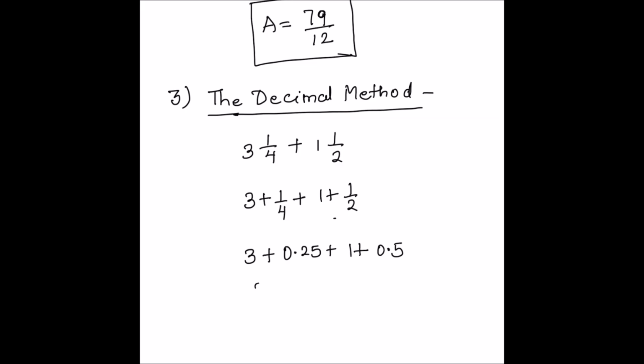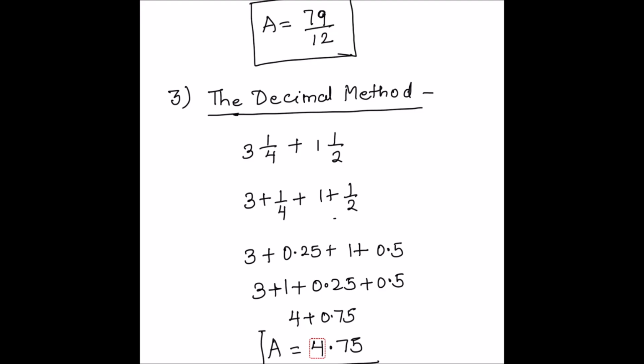So this will be 3 plus 1 plus 0.25 plus 0.5, which equals 4 plus 0.75, which equals 4.75. So this is our final answer. This is one of the ways in which we can convert mixed fractions into decimals and solve them easily. This decimal method can only be done when the fractional part is easy.